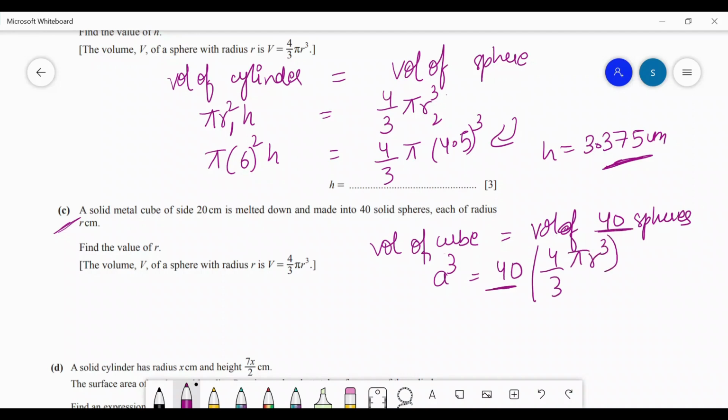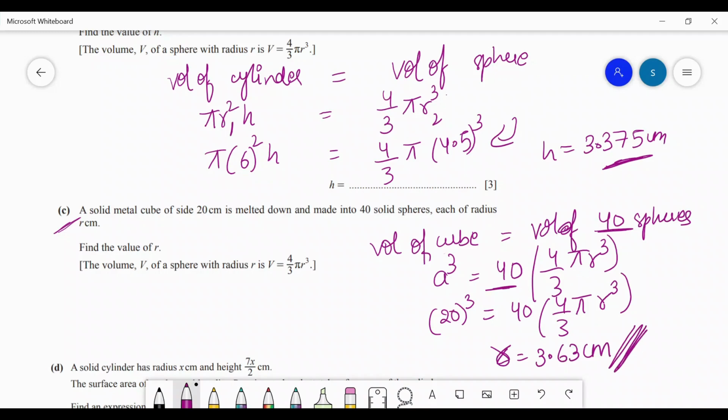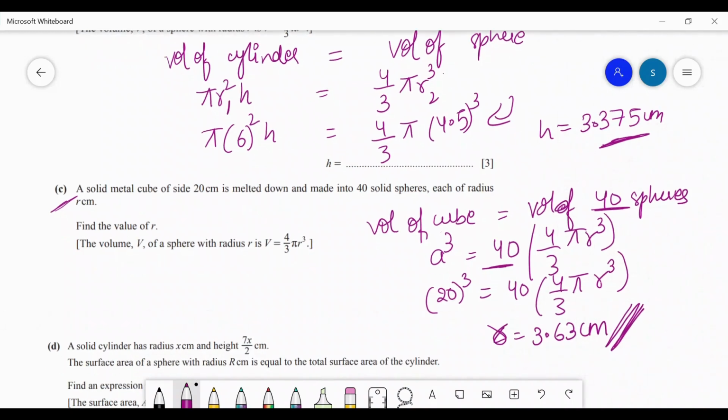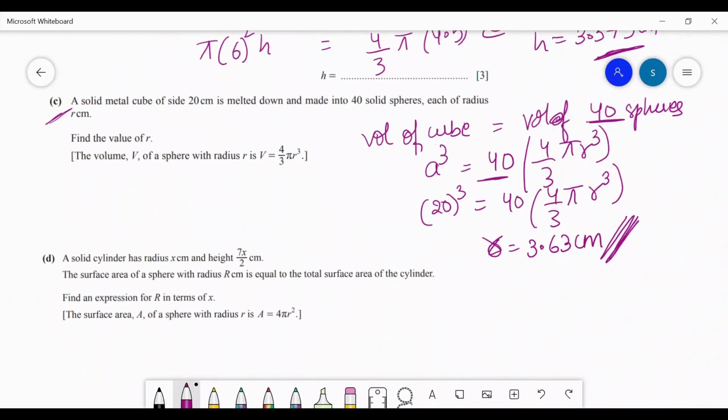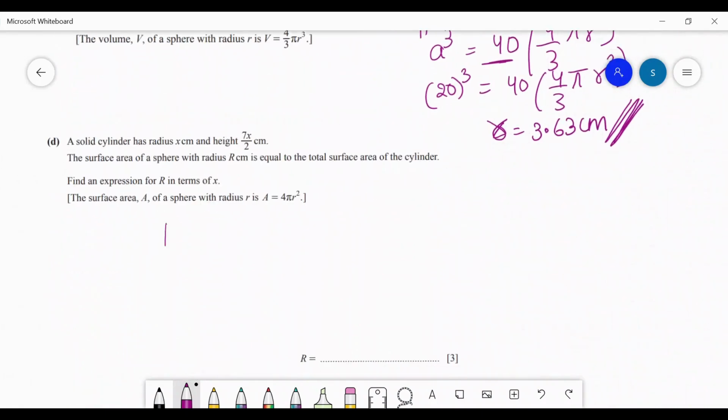I'm taking 40 because we're dealing with 40 spheres here, so 20 cube equals 40 into 4 by 3 pi r cube, and when you solve this you get r equals 3.63 centimeters. So that's the radius of the small solid sphere that's made out of the metal cube.